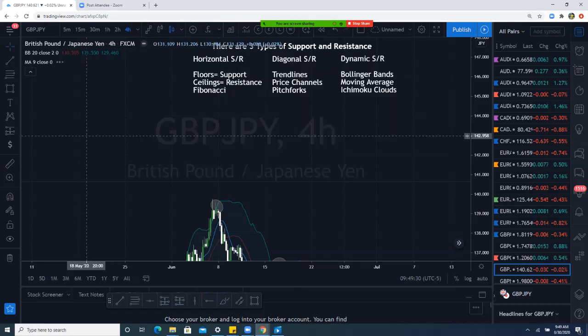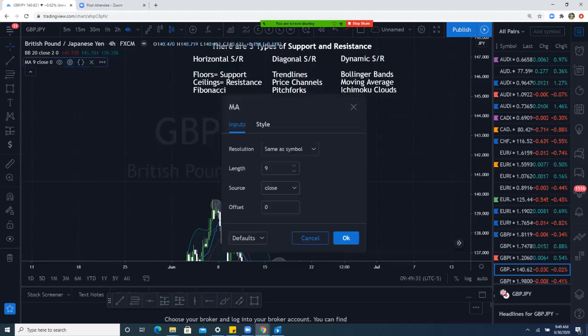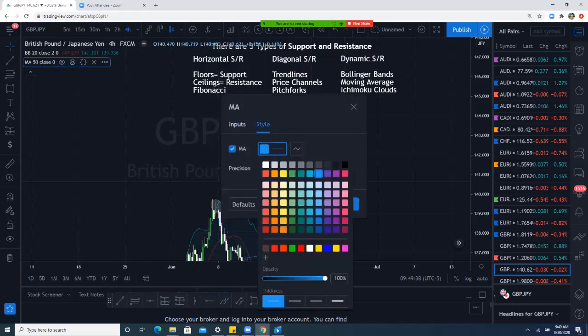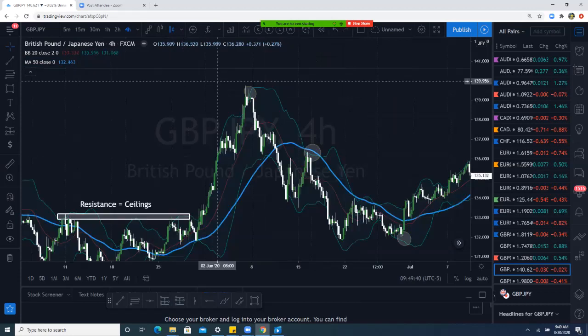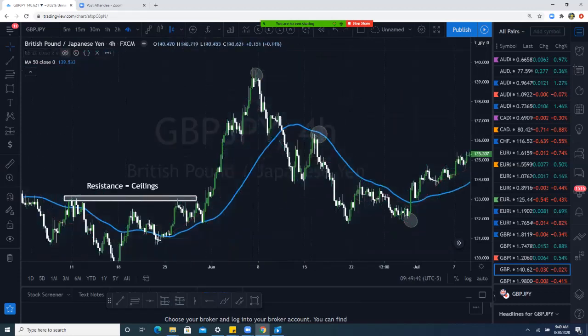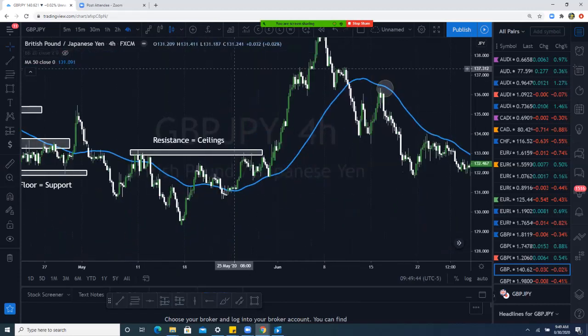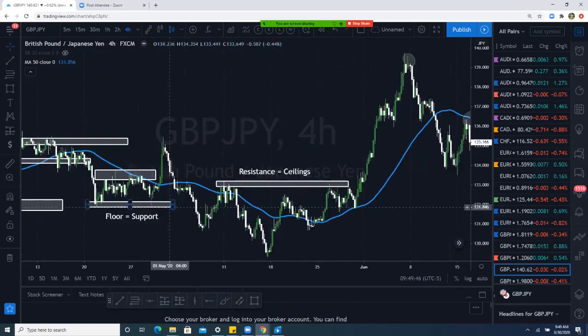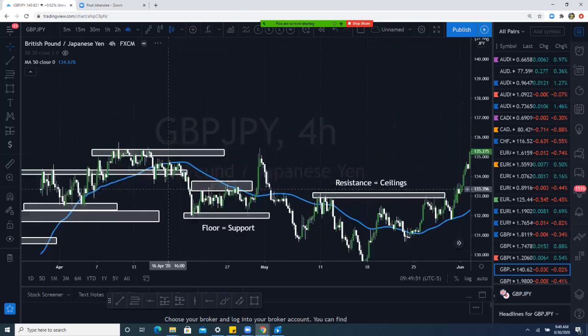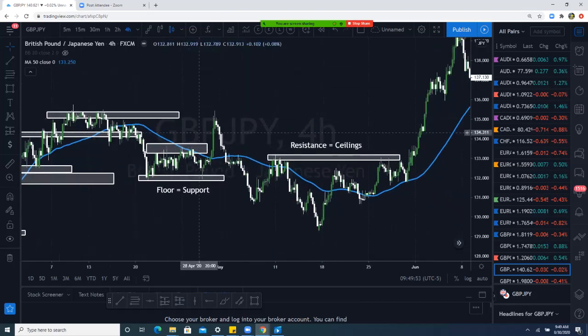So let's use moving average, and let's use that 50 example. And let's put it to where you can see it. Get rid of the Bollinger Band. So moving average is going to ebb and flow just like any other dynamic tool, ebb and flow with the markets.